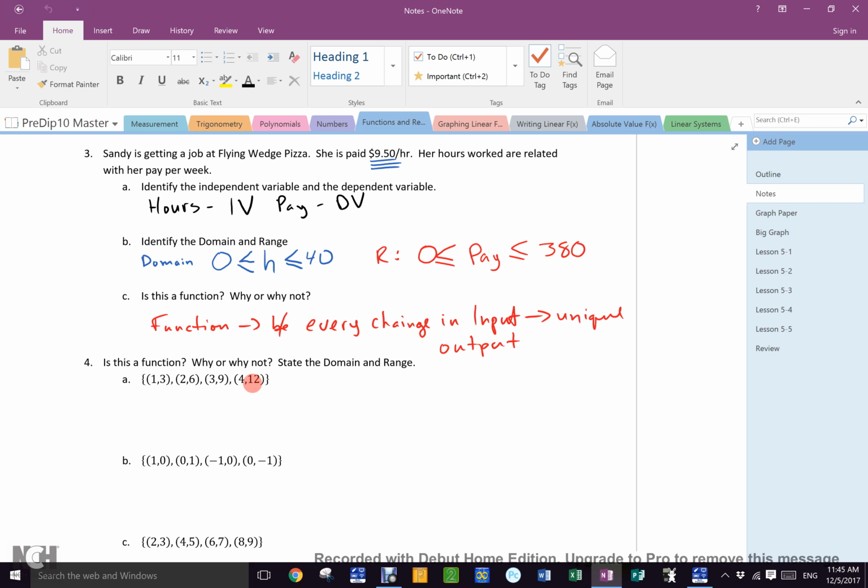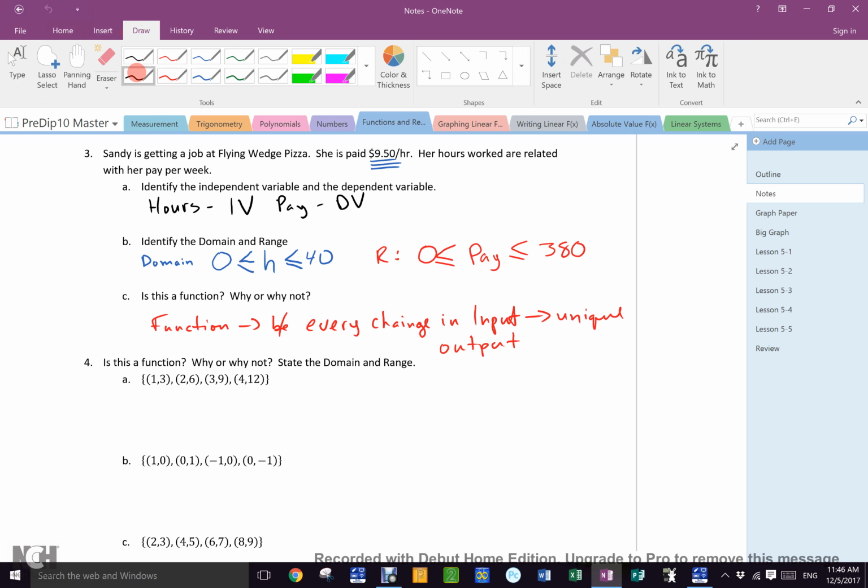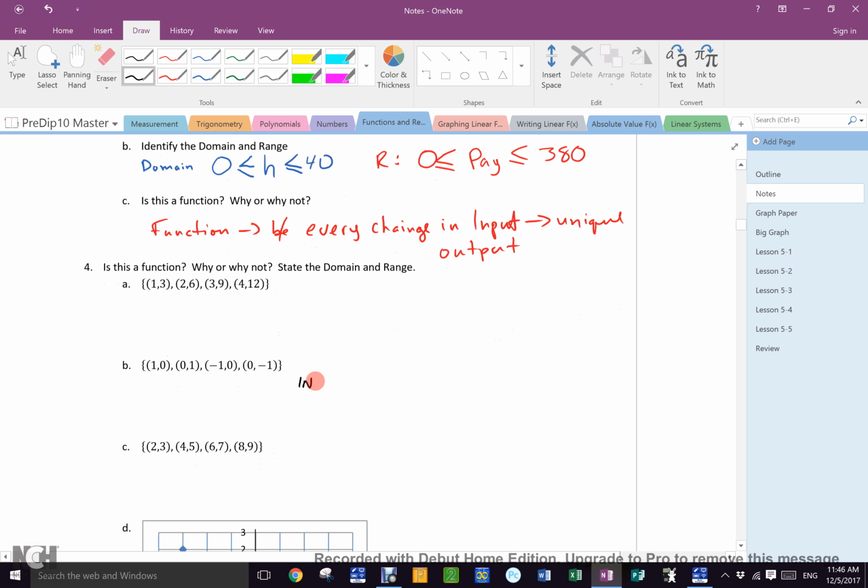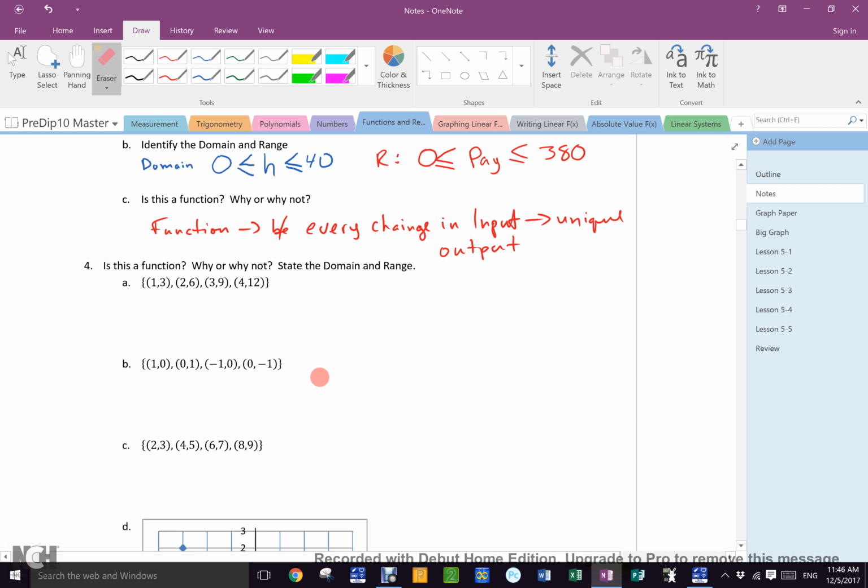So we better put up our inputs. What are our inputs? Excellent. Our inputs are 1, 2, 3, and 4.